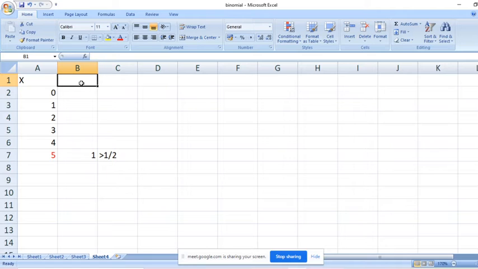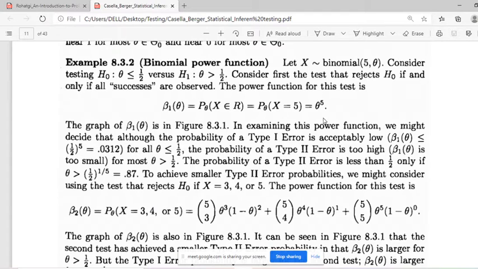The null hypothesis is that theta, the proportion or the parameter, is less than or equal to 1 by 2. If you observe these values, we can claim that the proportion is greater than 1 by 2 in this example. So we consider 5 as the point in the rejection region.